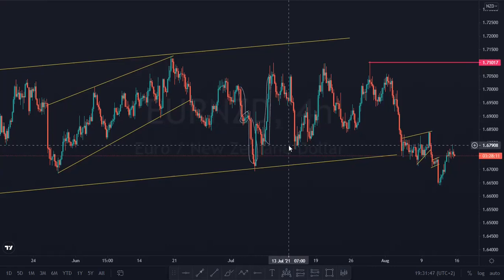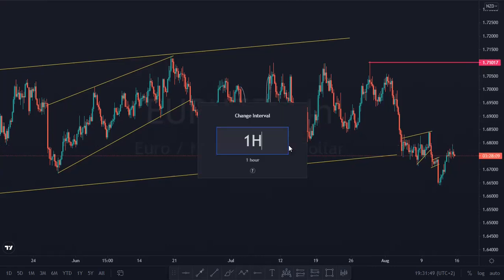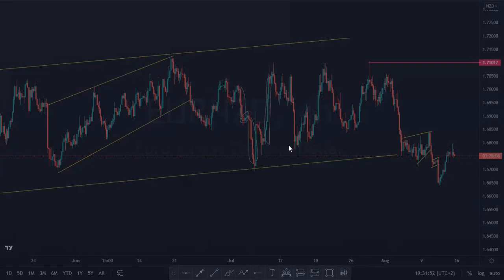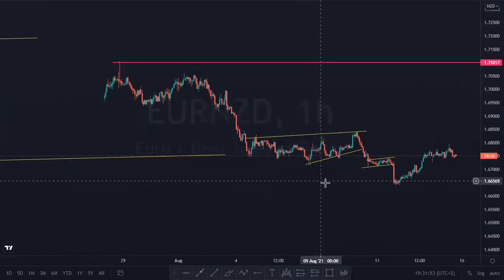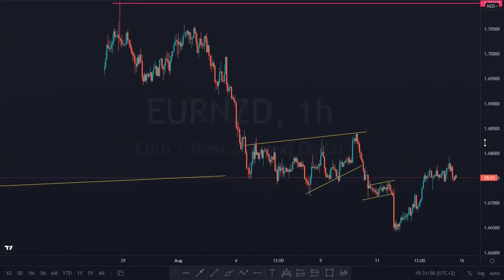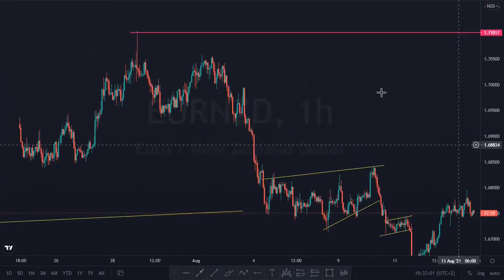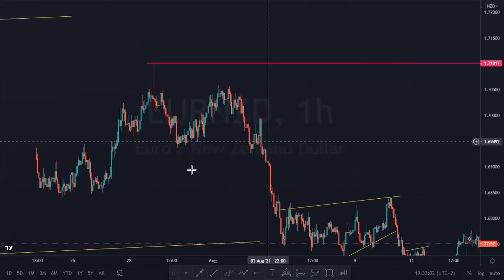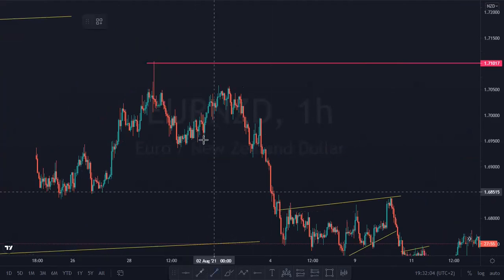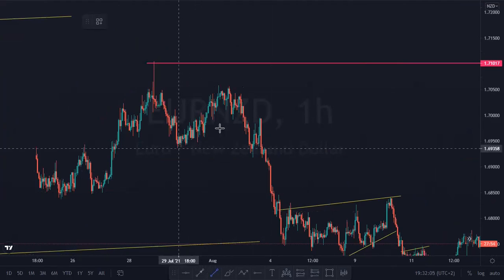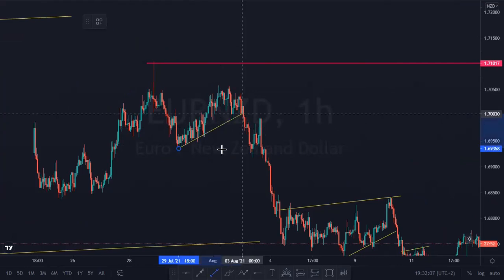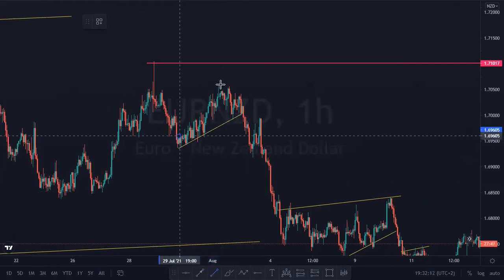Go to 1 hour now. I'm in 1 hour now. Let's check here on 1 hour. What do we see? You see this big correction here, and another correction here as well.